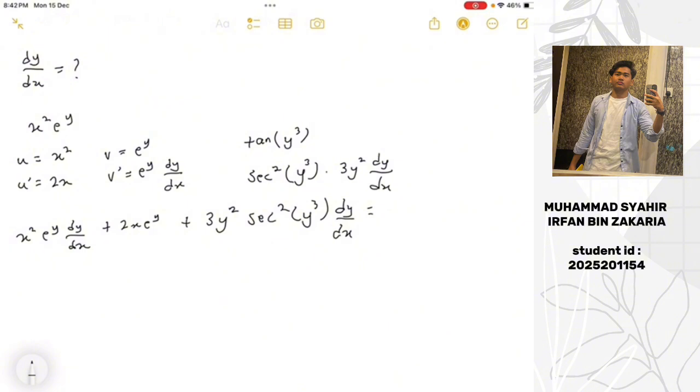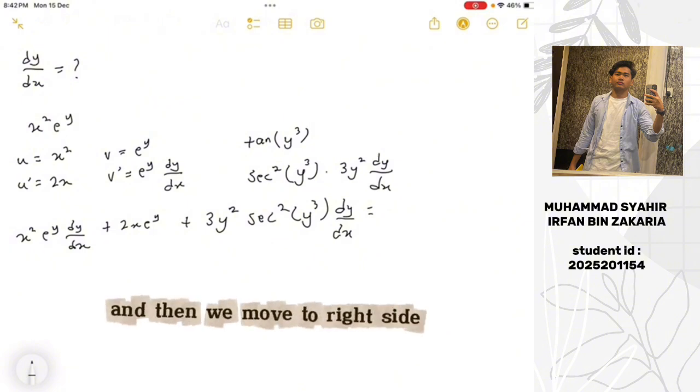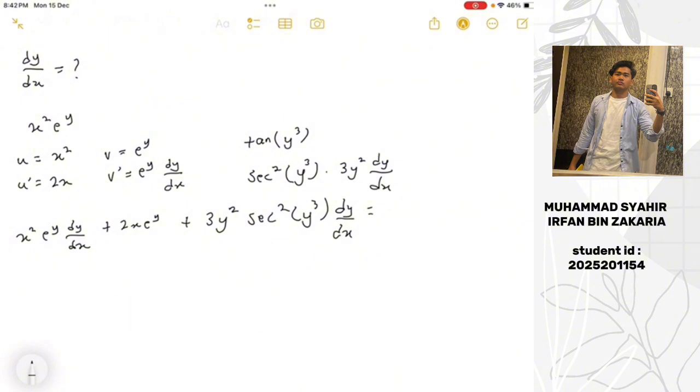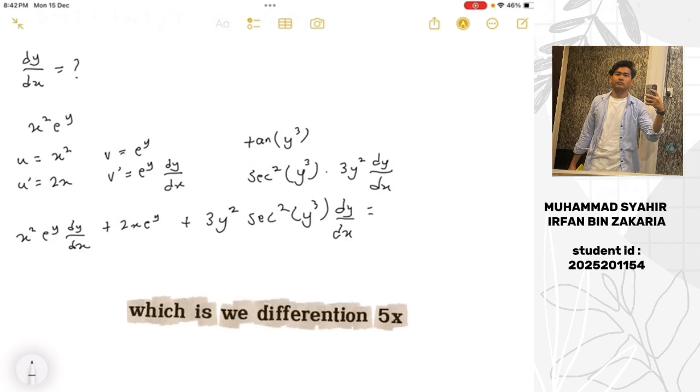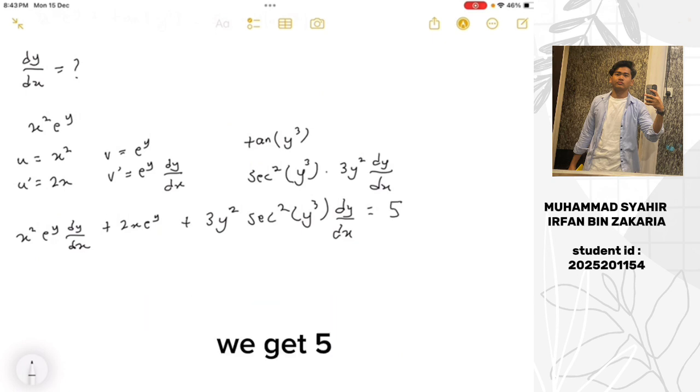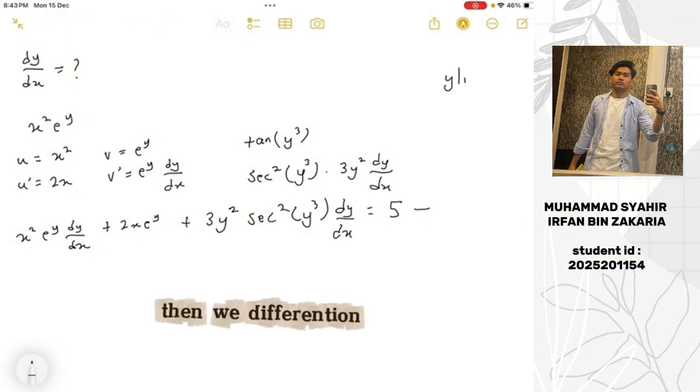Equals, and then we move to the right hand side, where we differentiate 5x, and we differentiate y ln x, also using the product rule.